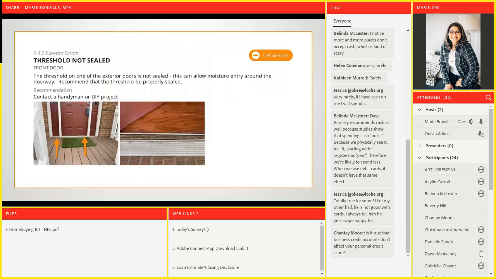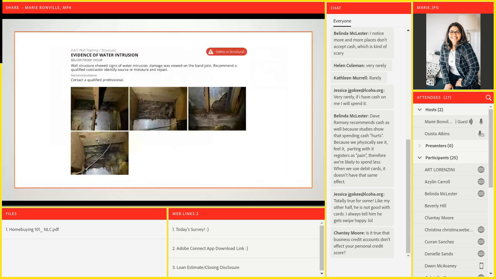And so you can see that he sees some sort of exterior water damage. He's not entirely sure. He says it's deficient. So it's something that maybe you can contact a handyman, or it could be a project that the homeowners could take on for themselves. However, when they got below that particular threshold, they saw that there was actual water intrusion, damage above the band joist. So it recommends that a qualified contractor identify the source of where the moisture's coming in, where the water's coming in, and repair it.